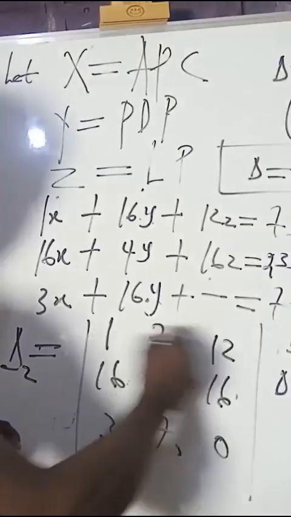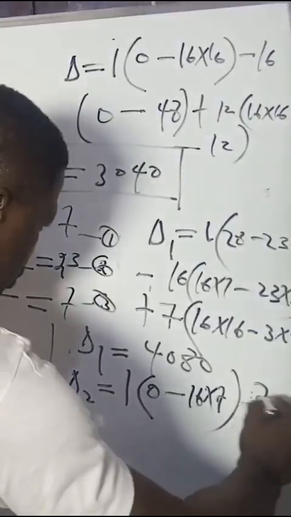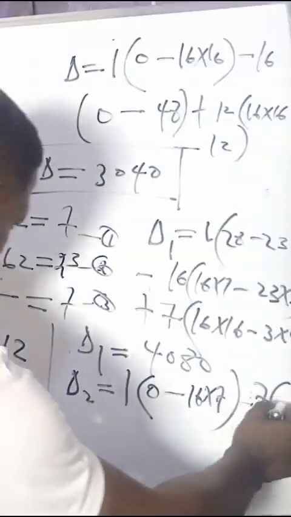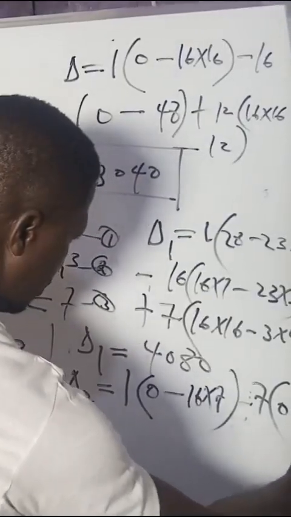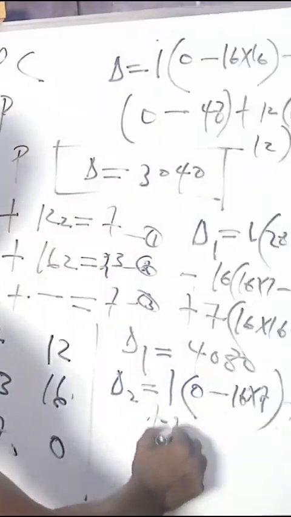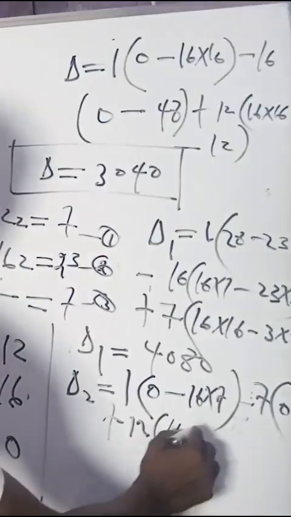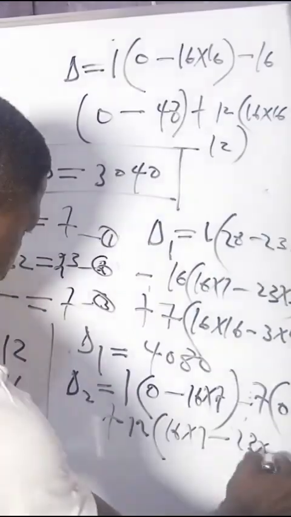Now the next one is first row second column, and that is equal to 7 into bracket first row second plus 16 times 0 is 0 minus 16 times 3, and that is 48. Then plus first row third column, and that will give us 12 into bracket 16 times 7 minus 23 times 3.